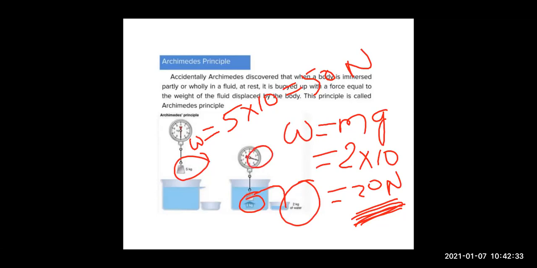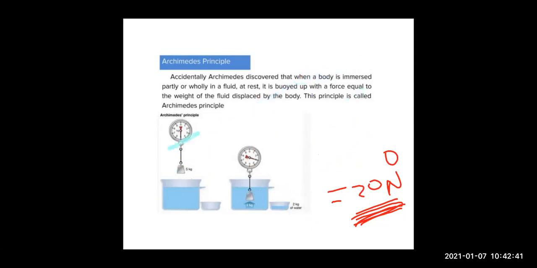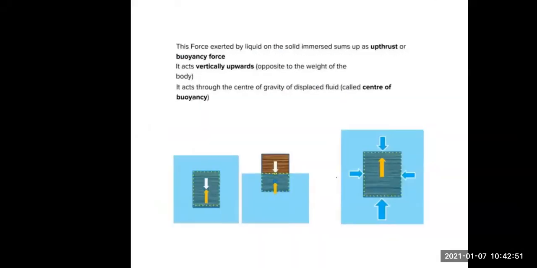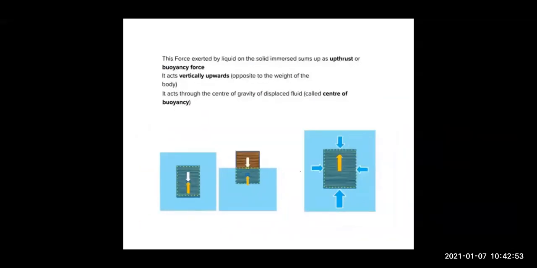So it has lost some weight, and the loss in the weight is equal to the weight of the liquid that gets displaced when we immerse the object into the liquid. So this is your Archimedes principle. And when you are immersing an object into the liquid, the liquid exerts an upward force on the object.